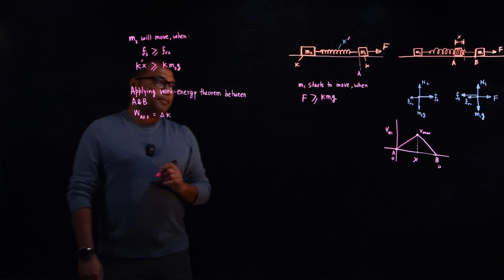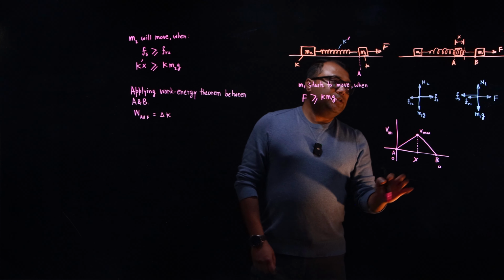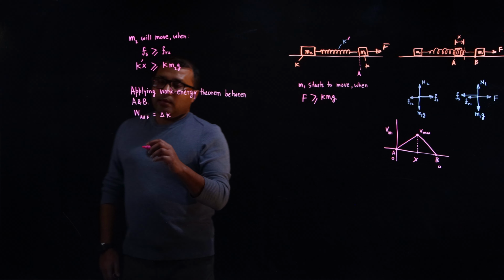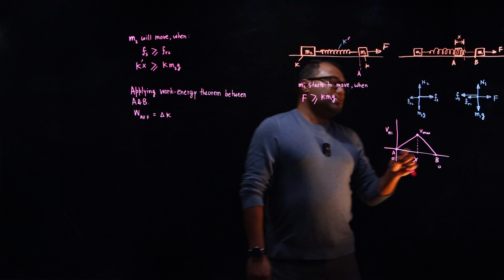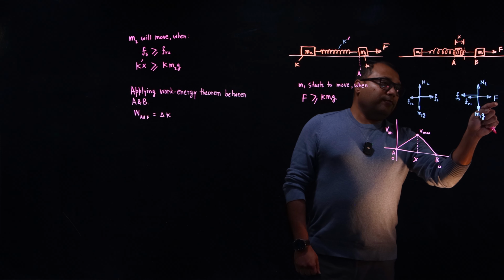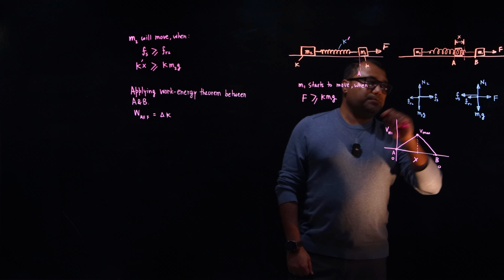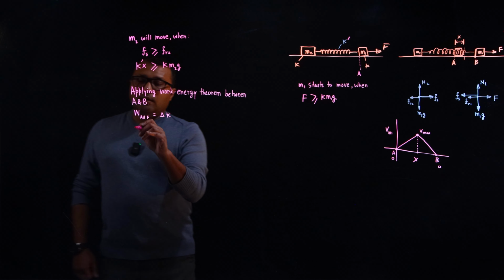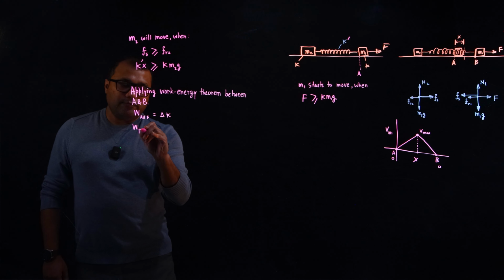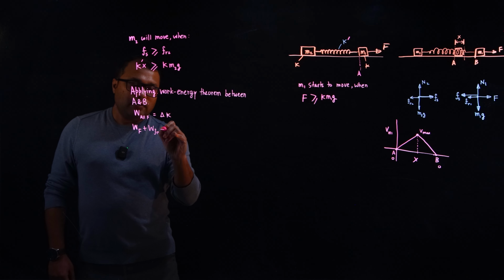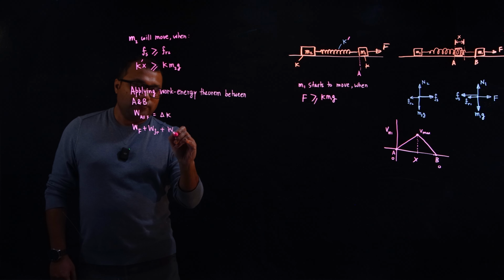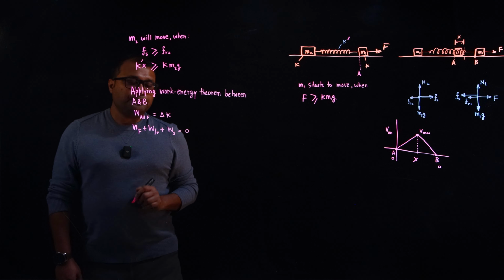Now the change of kinetic energy between A and B is 0, and let's look at the work done by all the forces. So work done by F, the friction force, and the spring force is equal to 0.